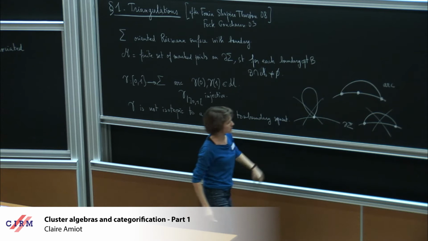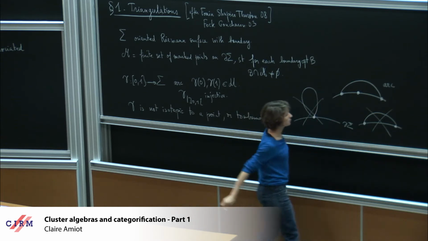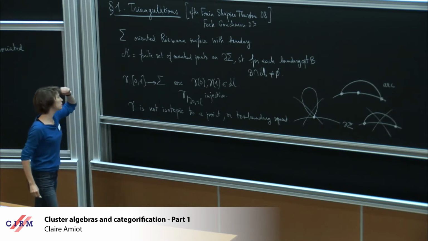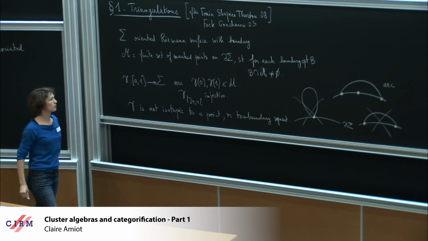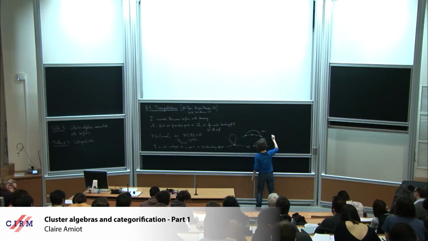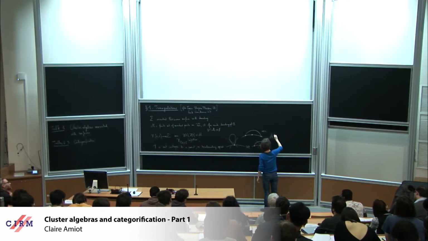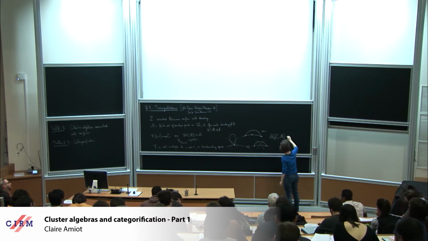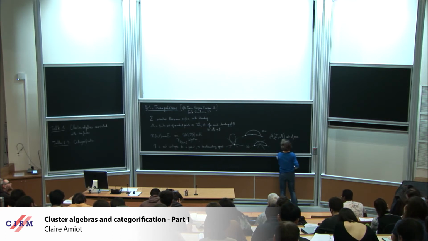A boundary segment, I don't have to define, I guess you understand what this is. And we consider the set of arcs up to isotopy, and I will denote by A sigma M the set of arcs.